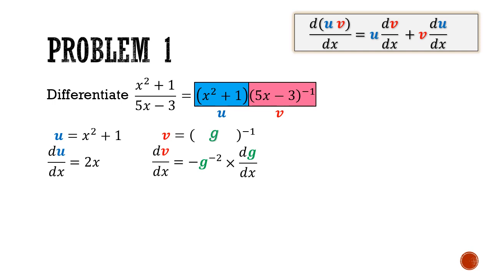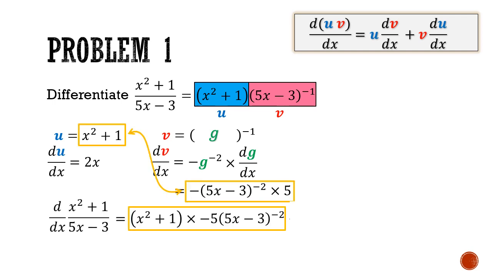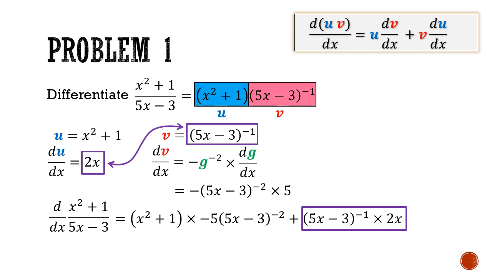And dg dx is just differentiating 5x minus 3 with respect to x, and that will give us 5. So substituting away the g and replacing the dg dx with 5, this is what we get for dv dx. Now, by the product rule, we are going to get u dv dx plus v du dx, and we just have to simplify all this.